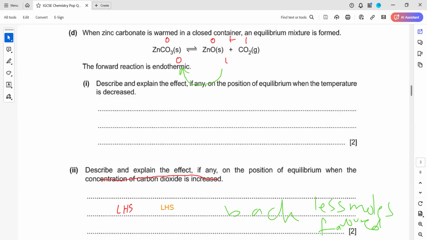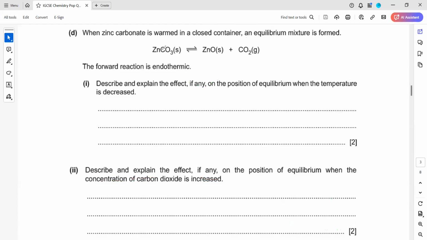But remember one thing, don't count. Some students count the moles of solid and liquid as well. You don't have to count. You just have to see the moles of the gas. What if, for example, in this equation, it was written 2 here. Now where will the equilibrium shift if I increase the pressure? That will also shift toward the left-hand side, because when we check the moles for pressure, we don't bother about the solid, liquid, or aqueous.